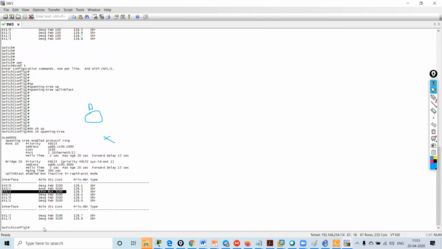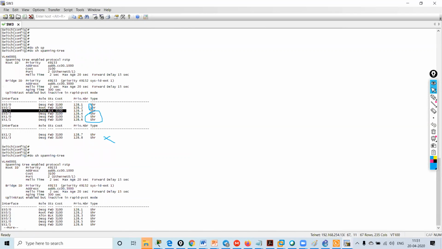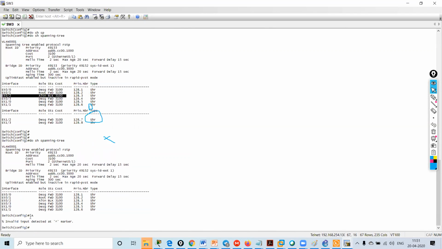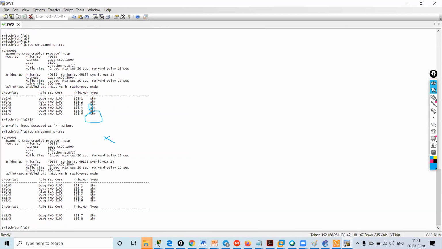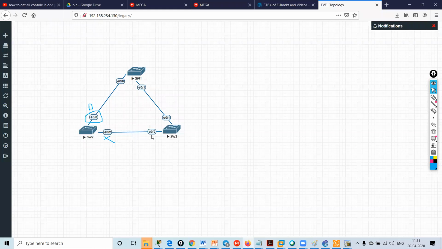Why is it in the blocking state? Because this is my alternate link, it will be in the blocking port. This Fast Ethernet 0/2 is in the blocking port, correct?